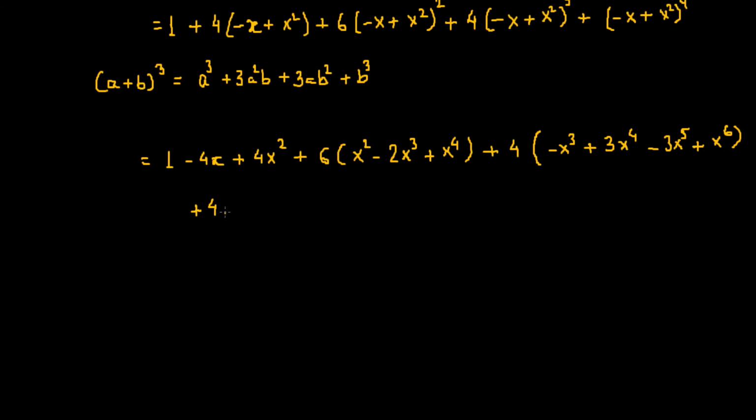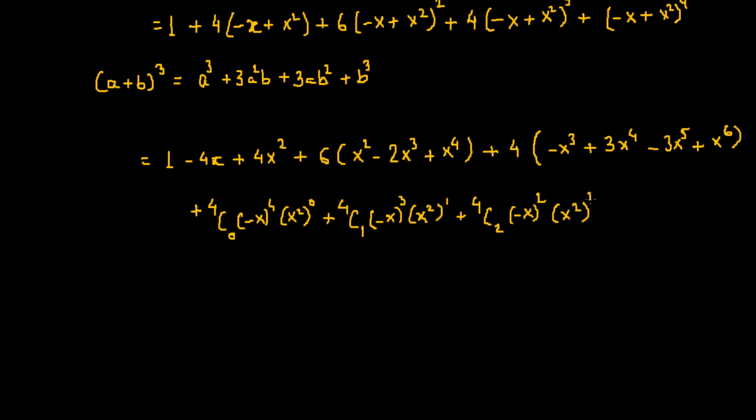So this is 4c0 negative x raised to the power of 4 and x squared raised to the power of 0, plus 4c1 negative x raised to the power of 3 x squared raised to the power of 1, plus 4c2 negative x raised to the power of 2 times x squared raised to the power of 2, plus 4c3 negative x raised to the power of 1 times x squared raised to the power of 3, plus 4c4 negative x raised to the power of 0 times x squared raised to the power of 4.